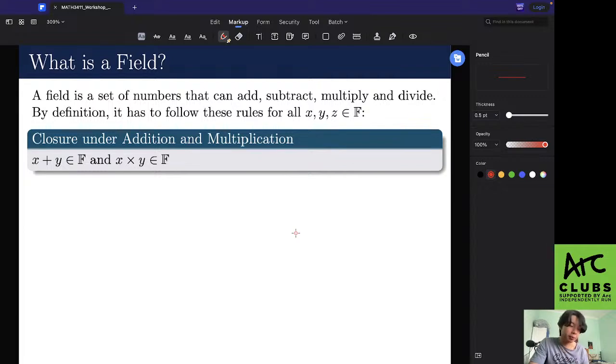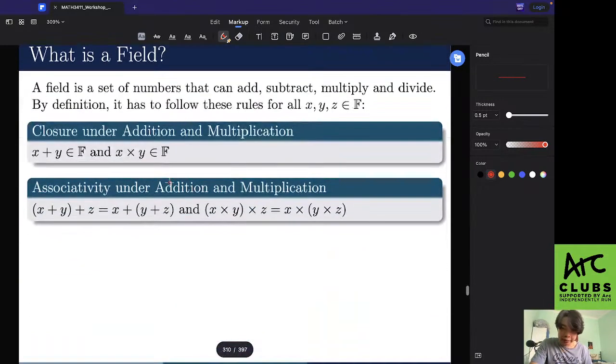We have the same thing with multiplication, where if we know that x and y are in the field, then x times y is also in the field. We also know that we have associativity. It just means it doesn't matter what order you add and multiply things, right? Adding the first two elements first, or adding the last two elements first, or same with multiplication, this is all the same.